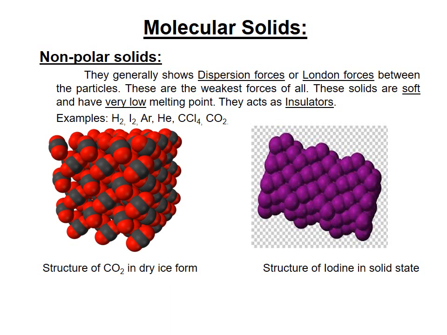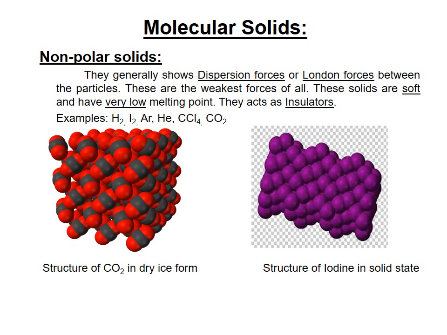Okay, the first type of molecular solid is nonpolar solid. What is meant by nonpolar compounds? The covalent bond formed between atoms whose electronegativity difference is 0 or almost 0. That is, they do not acquire any partially positive charge or partially negative charge.